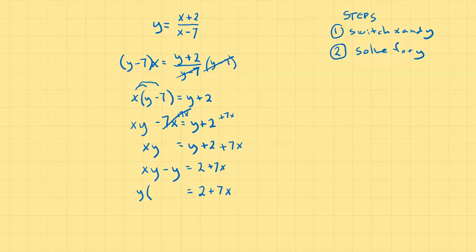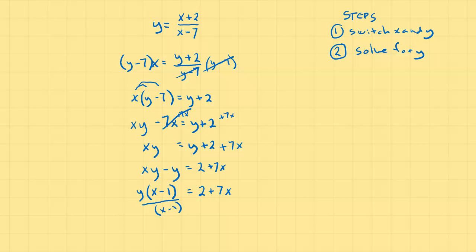So we have y times x minus 1. Okay? And now that we have that, now we have y isolated. We just have to get rid of the x minus 1 that's next to it. And we can do that by dividing both sides by x minus 1.